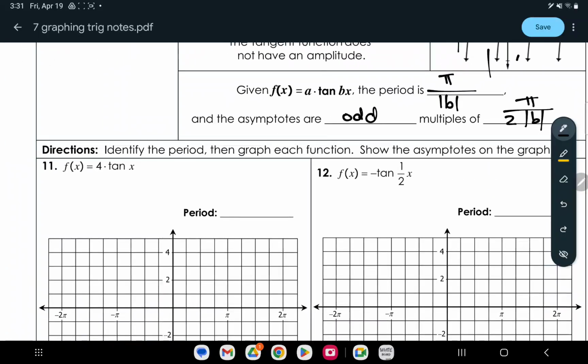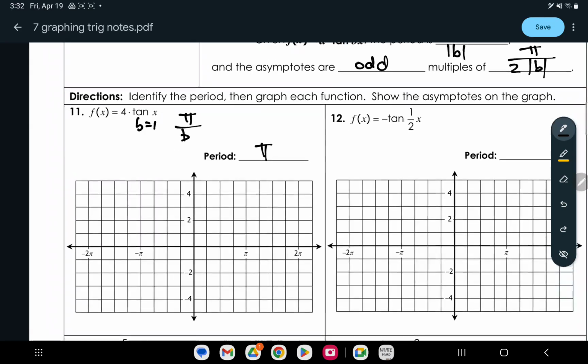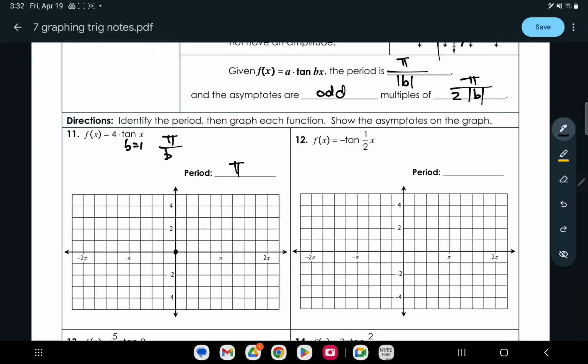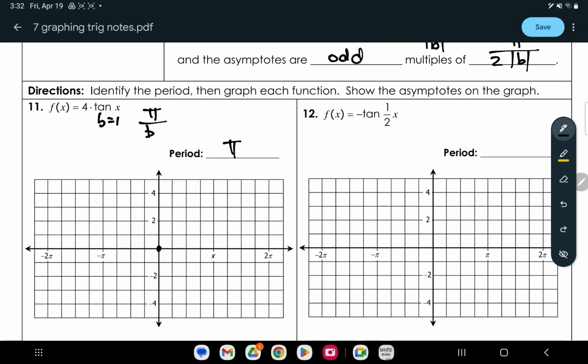So let's just see what happens. Alright, so period is pi over b. Well, b is 1, so pi. So it means it's going to repeat at pi. So let's see, normally, when there's no transformation, it starts at the origin and repeats at pi.